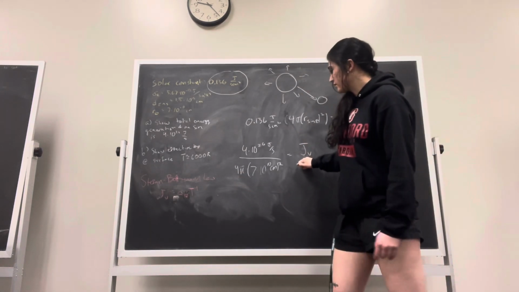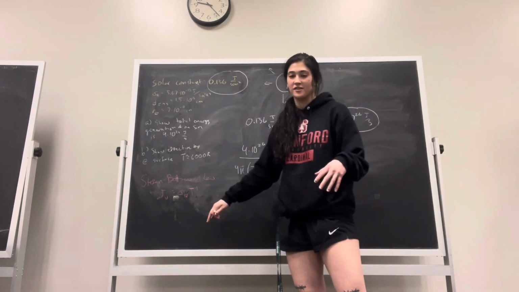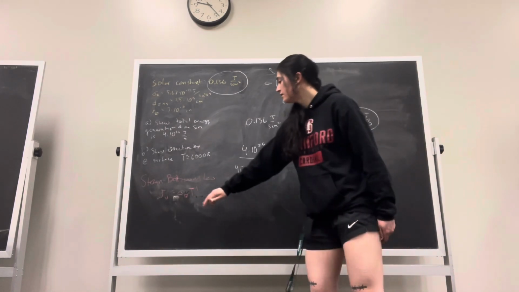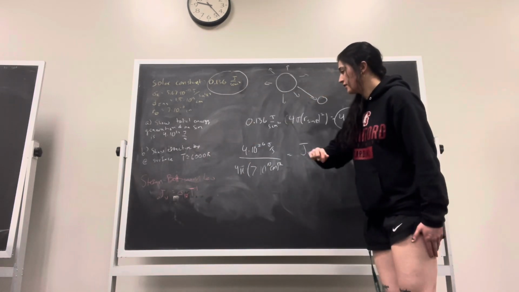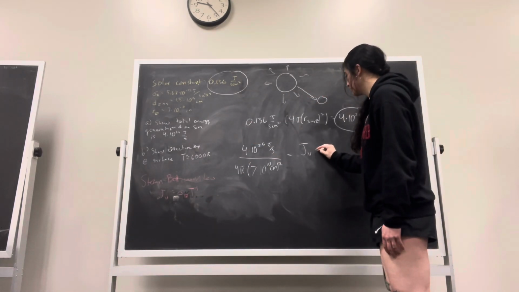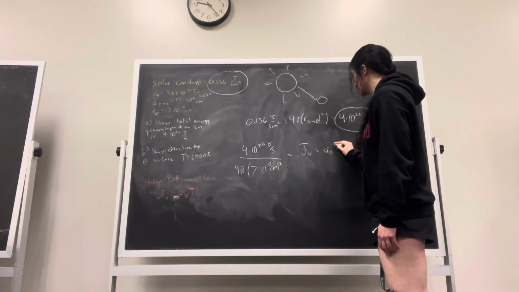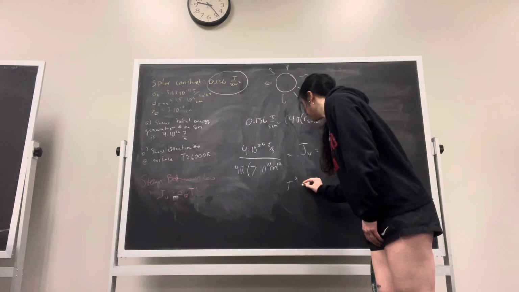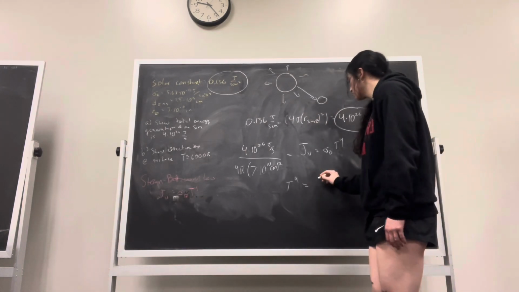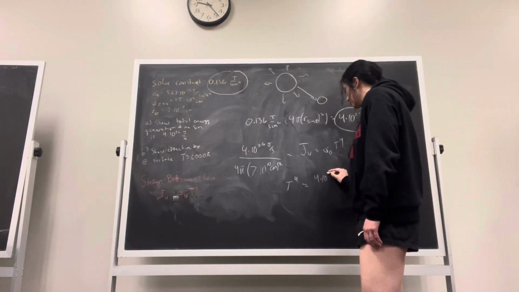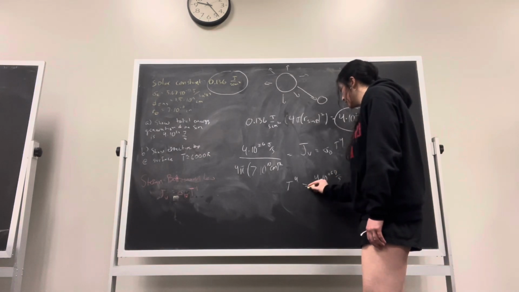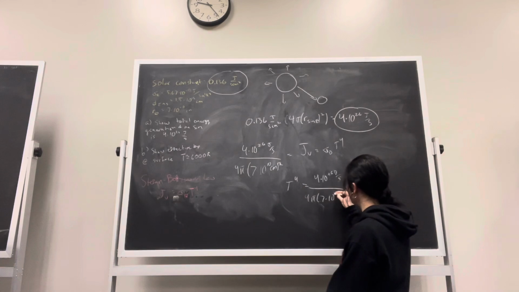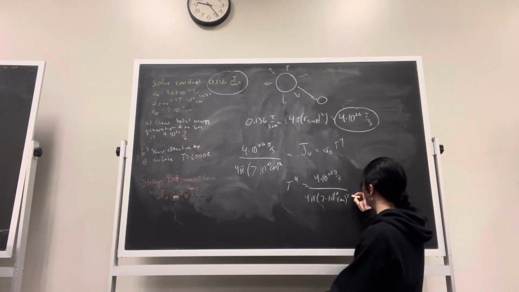Okay, this energy flux density, we use Boltzmann's law to relate this to temperature. So we have an energy flux density, we know Boltzmann's constant, we can figure out temperature by setting this value equal to Boltzmann's constant times T to the 4th. Okay, so then we get that T to the 4th equals 4 times 10 to the 26th joules per second divided by 4 pi times 7 times 10 to the 10th centimeters squared.